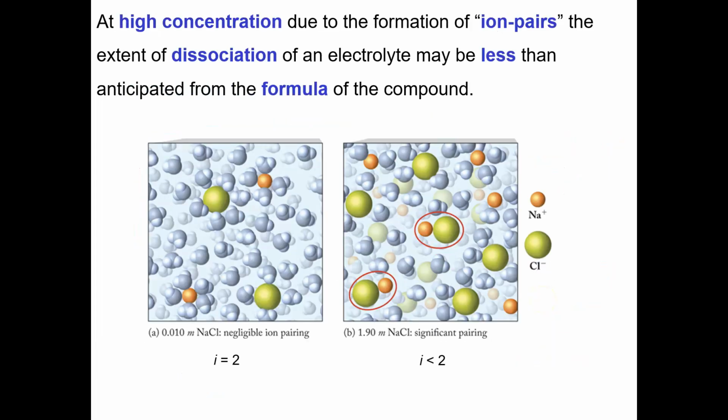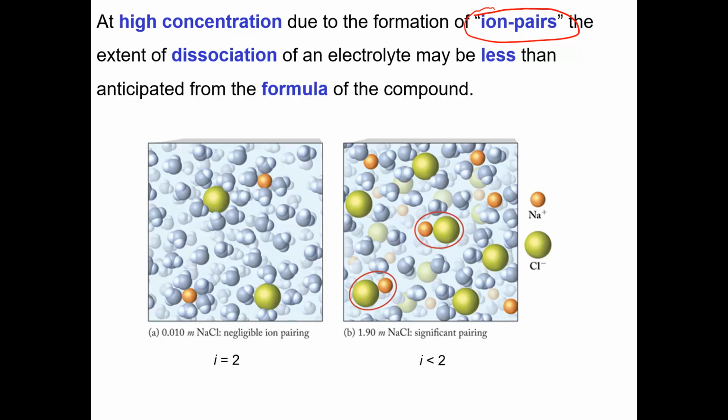Now, a complication that can occur is that at high concentration, sometimes oppositely charged ions will attract one another and form what we call ion pairs. This is only going to happen at high concentration, when it's likely that oppositely charged particles are going to accidentally bump into each other.